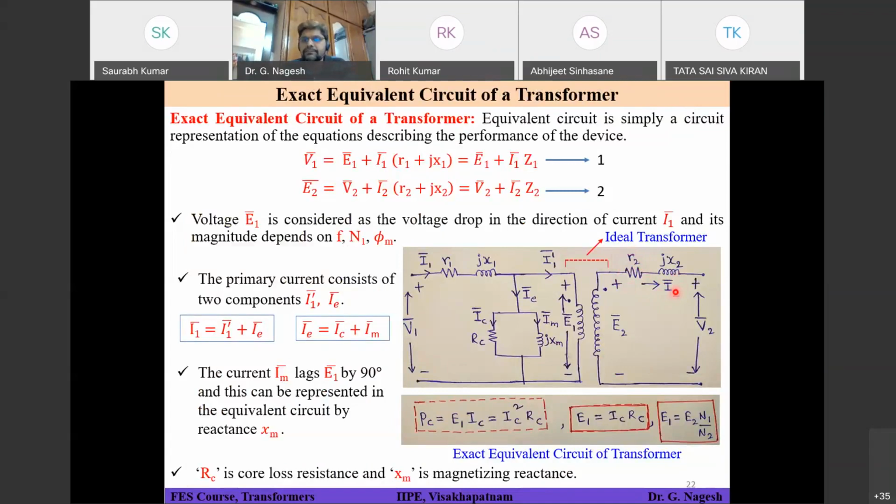If I want to transfer this voltage drop onto the primary side, what will be the multiplication factor? N1 upon N2, or N1 upon N2 whole square? I am talking about voltage drop.